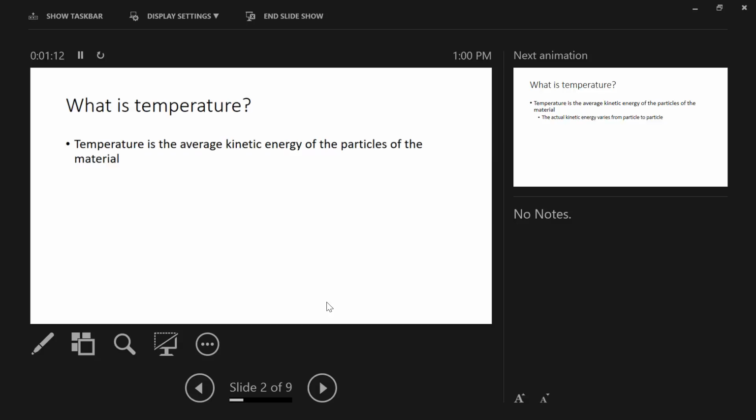Temperature is the average kinetic energy of the particles of the material. So if you say this table's temperature is 72 degrees Fahrenheit, what you're talking about is that the average kinetic energy of the particles making up this table equates to a measurement of 72 degrees Fahrenheit.